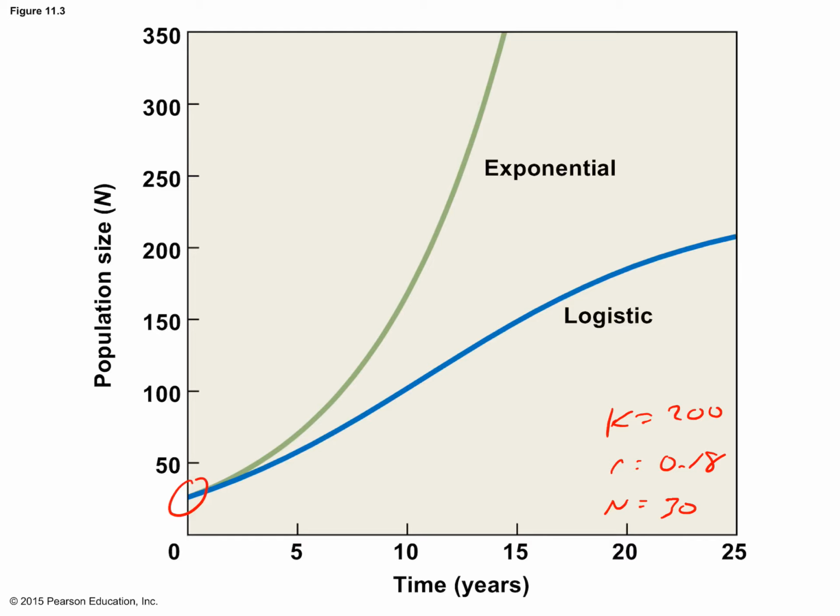And there are two ways that population size can be regulated by density. We have, first of all, density dependent mortality. So density dependent death rates. As the population density increases, the rate of mortality increases.